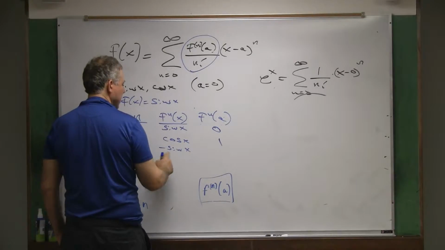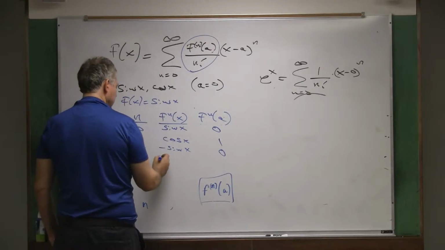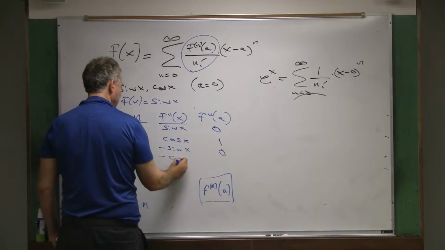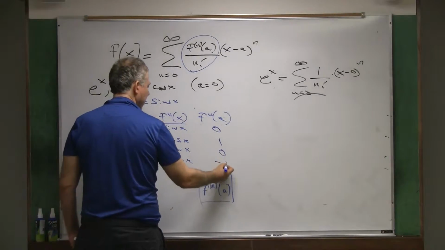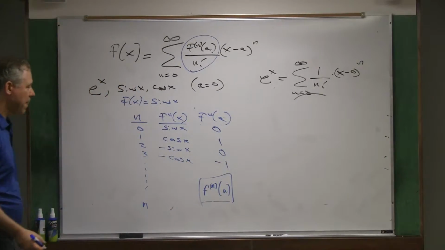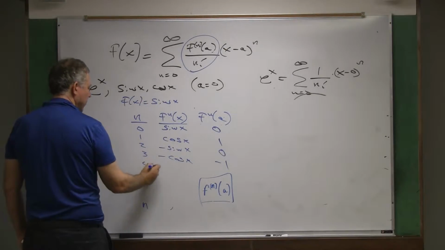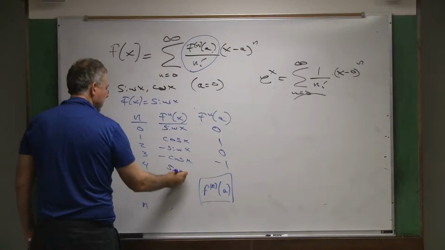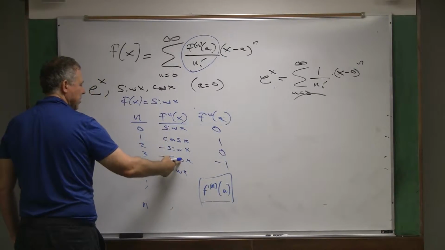What's minus sine of 0? 0. What's the derivative of this? Minus cosine. What's minus cosine of 0? Negative 1. You see what's happening? Now the fourth derivative, I'm back to sine. So it's going to repeat.